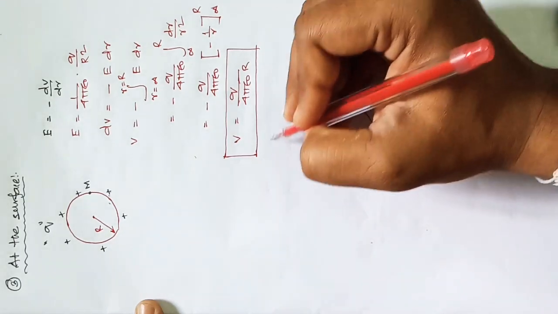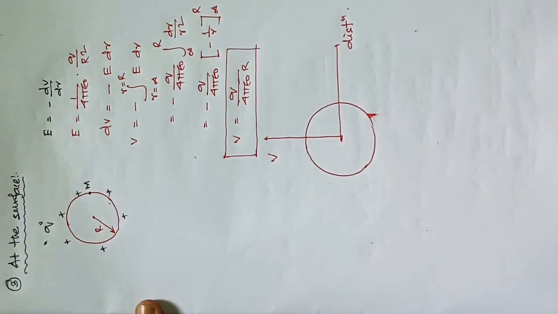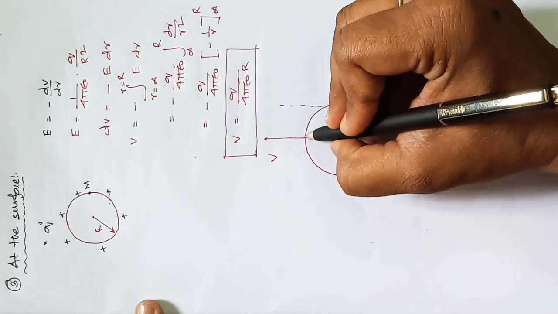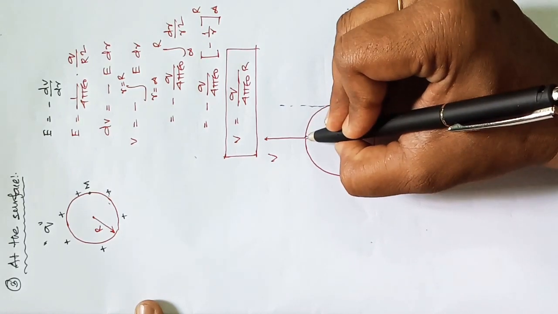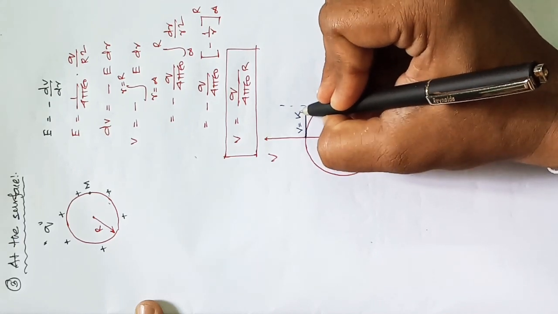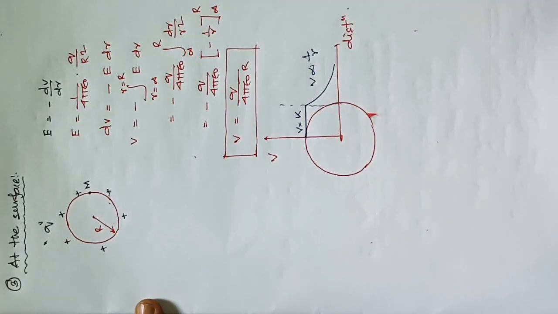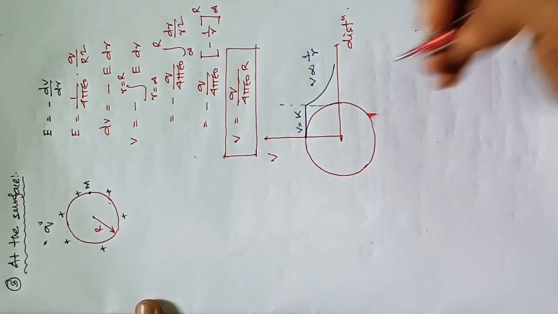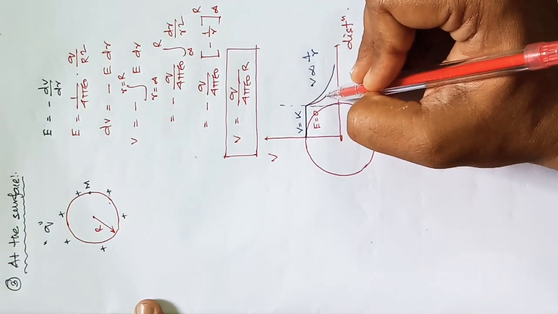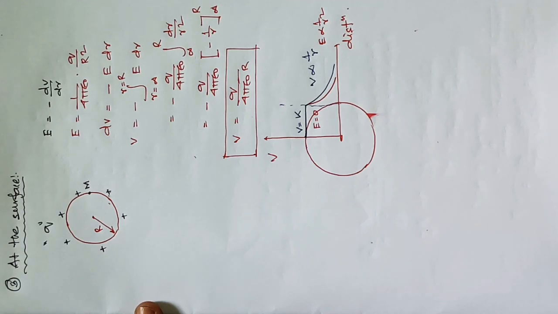Here, if this is the distance from the center and this represents the electric potential, then we have to remember that within the sphere the electric potential was constant, means V equals to constant, and afterwards the graph of V is like this, V proportional to 1 by R. If we again draw the graph of electric field here, at the center, at inside points, we got electric field E equals to 0, and outside we got E proportional to 1 by R square. So this is one of the most important relations we should remember.